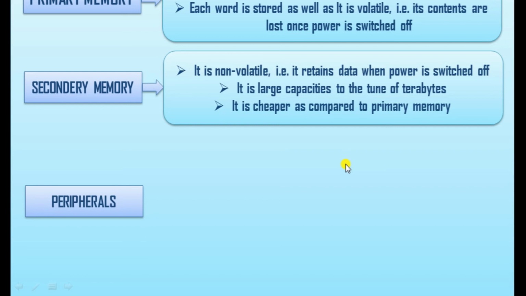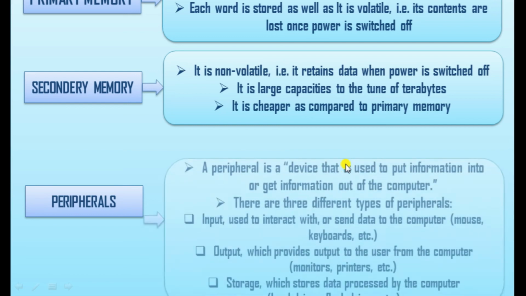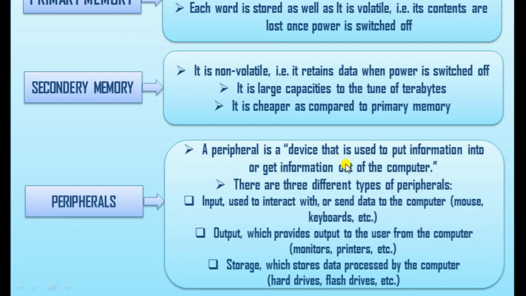Next, peripherals. A peripheral is a device that is used to put information into or get information out of the computer. There are three different types of peripherals.